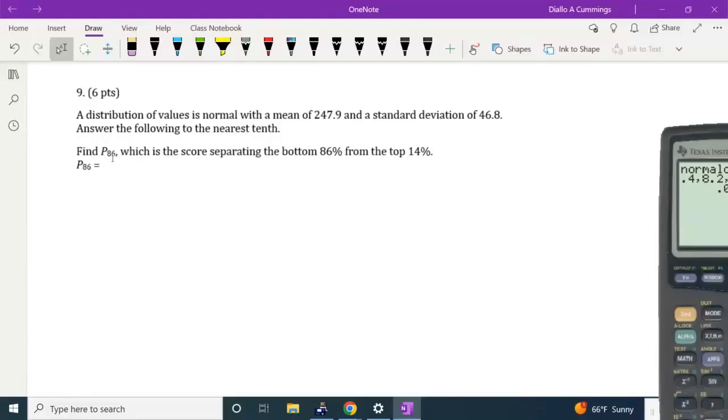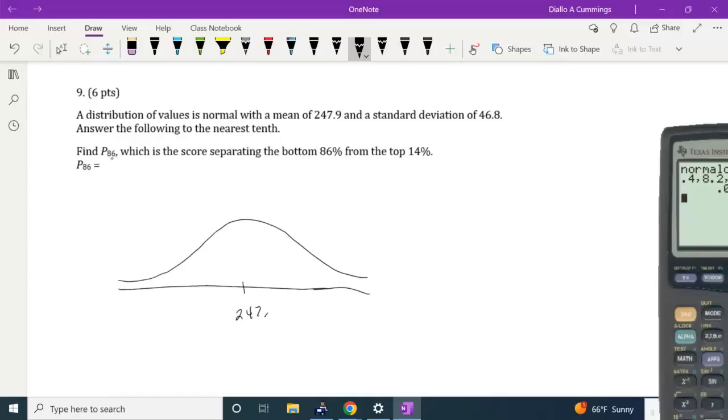So from the last lecture we did this, they basically give us area. So just to explain this a little bit, it's a standard normal curve. 247.9 is the mean, the standard deviation is 46.8. And it says find the 86th percentile, which separates the bottom 86% from the top 14%.